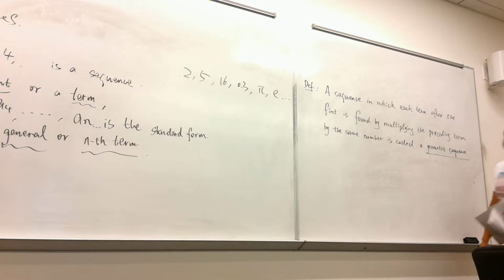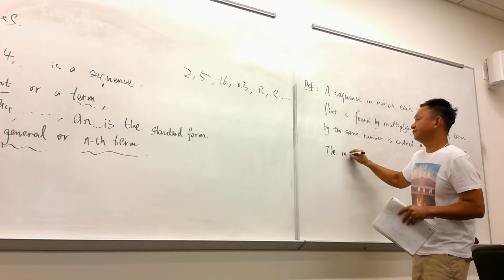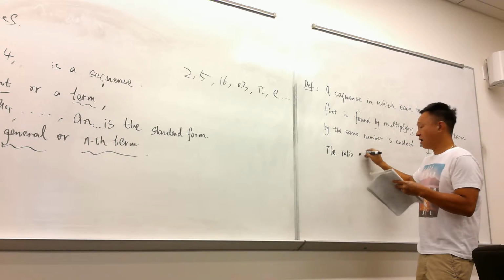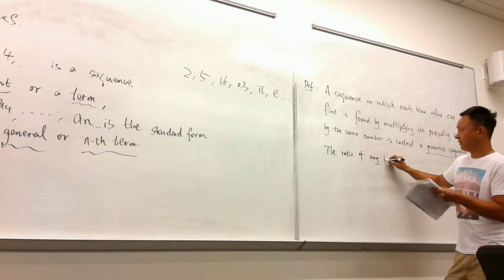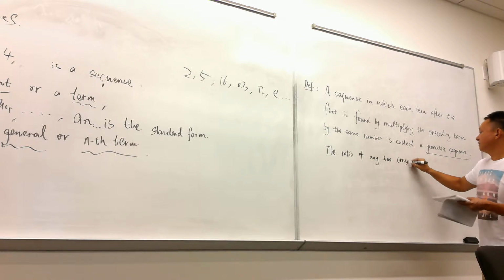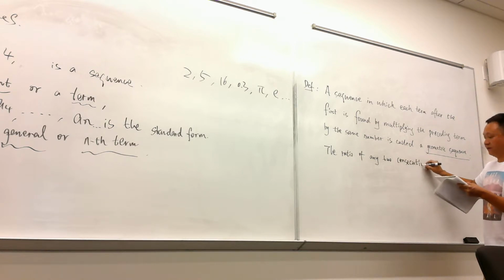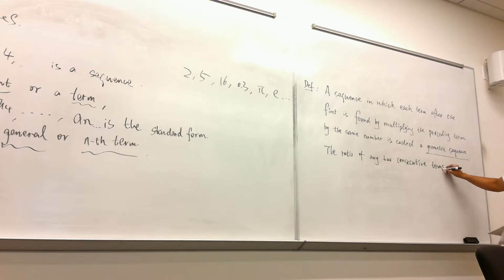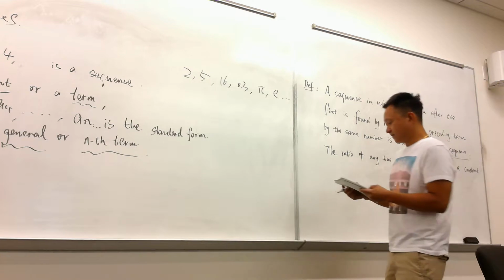Okay, and then the ratio of any two consecutive terms is a constant. Of course, the second term divided by the first term should equal the third term divided by the second term. So the ratio of any two adjacent terms is a constant.